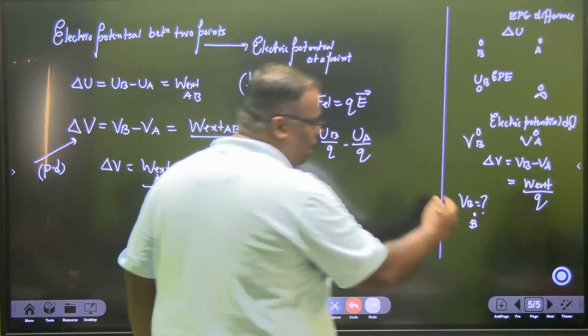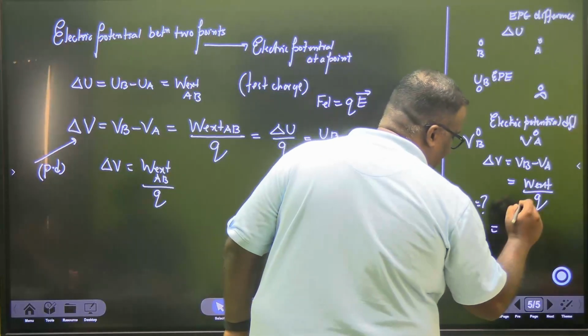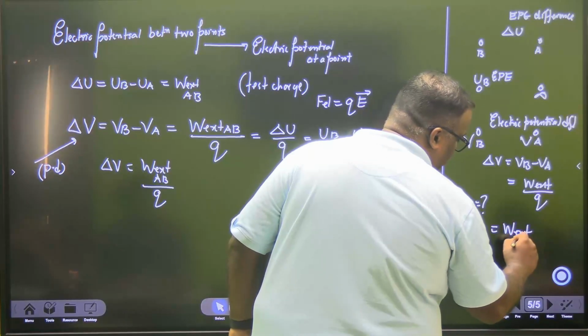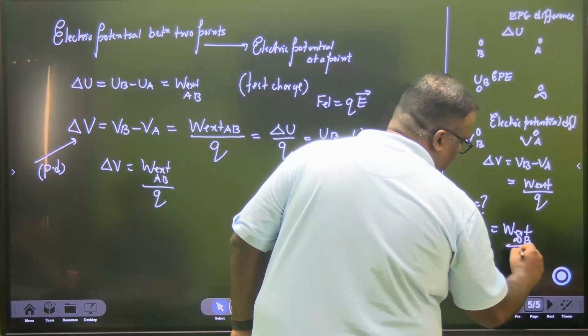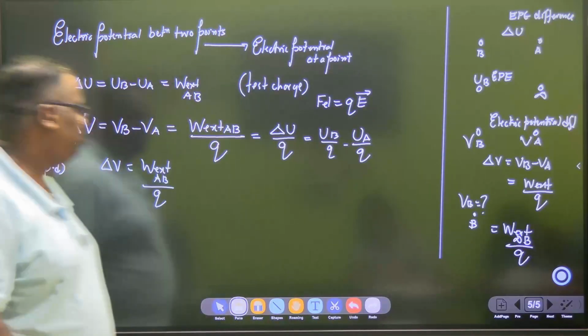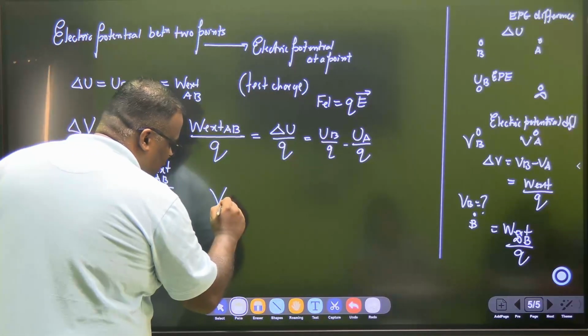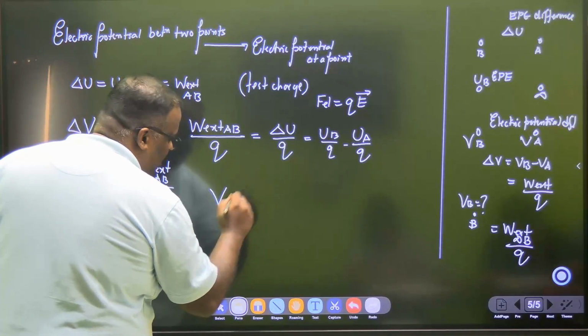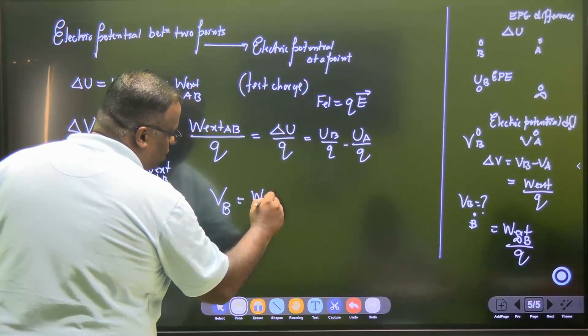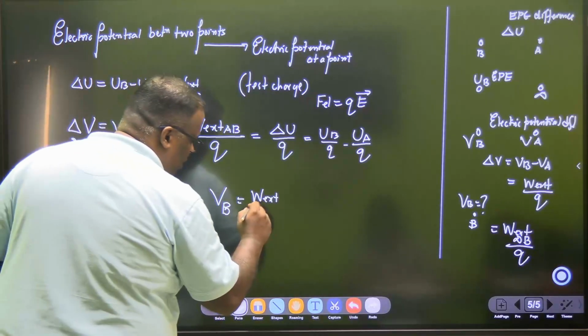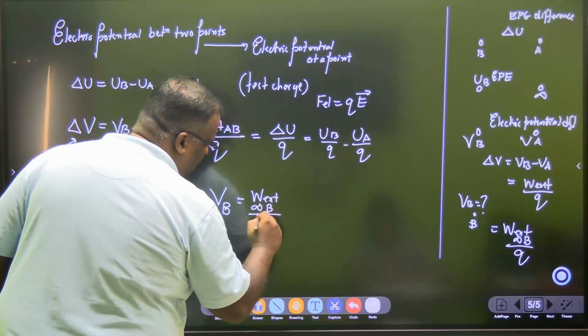So what is the value of VB? The value of VB is equal to work done external in moving from infinity to B divided by the charge. Can we write that now? So potential at a point, electric potential at a point B, is said to be the external work done in moving a charge from infinity to B per unit charge.